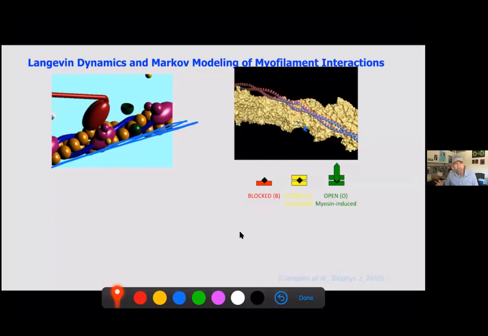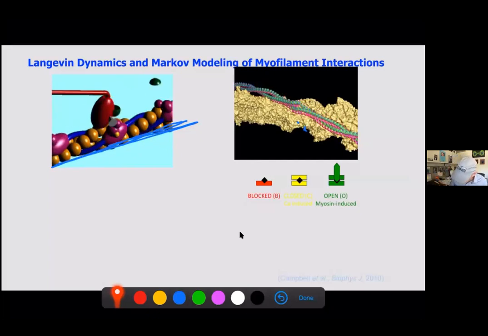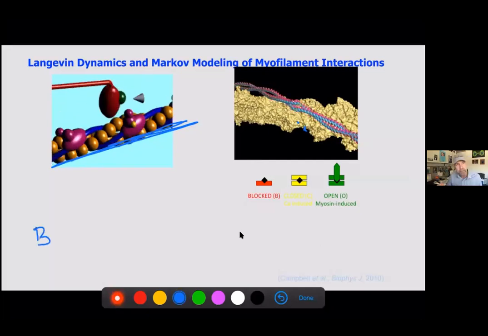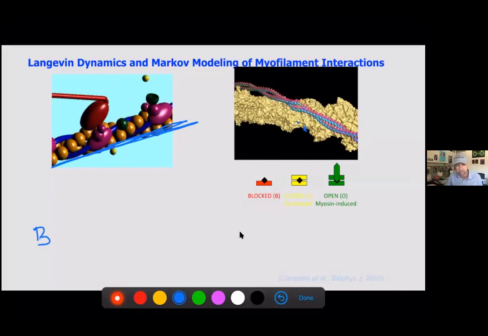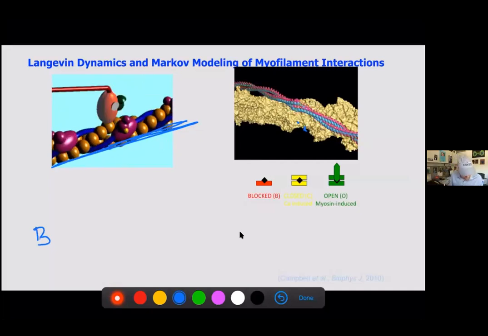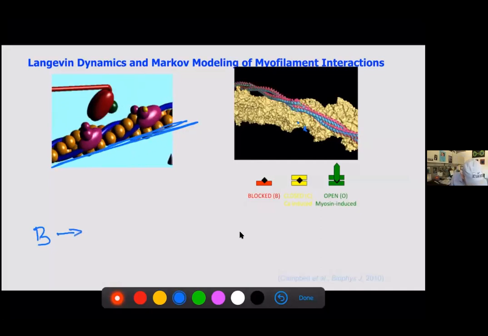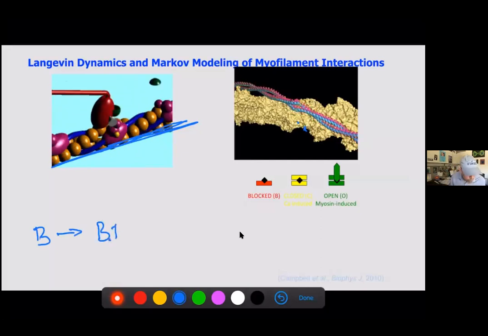And so with this information, we can start to build a state transition model that has a blocked state from tropomyosin, where tropomyosin is blocking the attachment of myosin to actin. Okay? And then it goes to a new state, B1, when calcium binds to it.